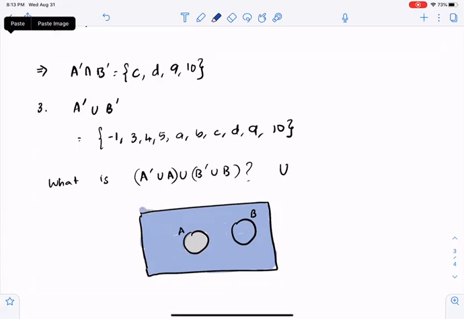Great. And if I look at B, the one in blue, I'll write it as a complement. B, I guess I'll pick red. Whatever I have is B, everything that is not B will be B complement.